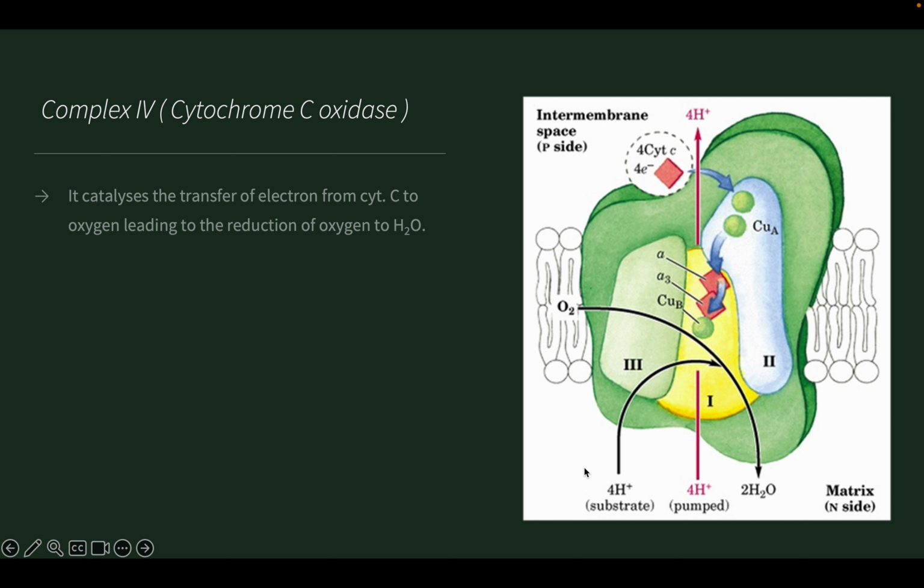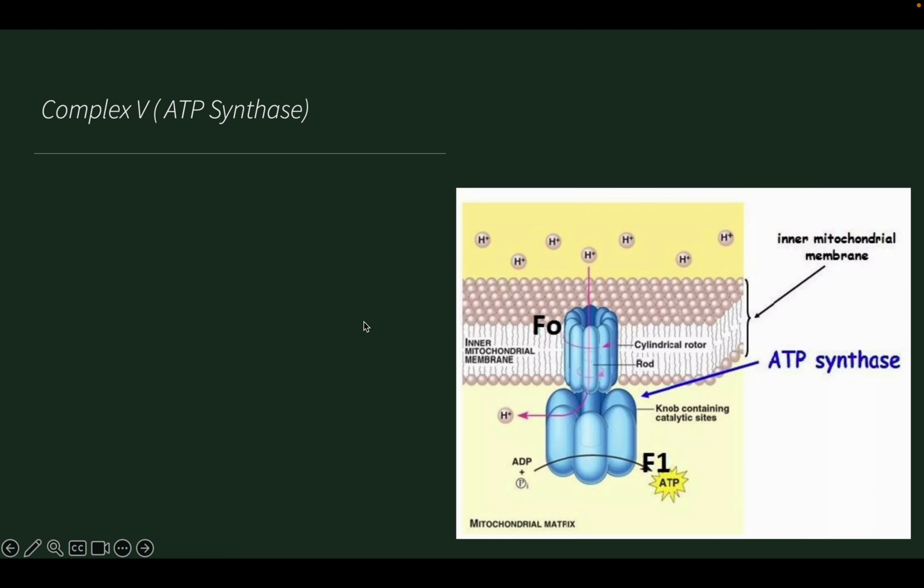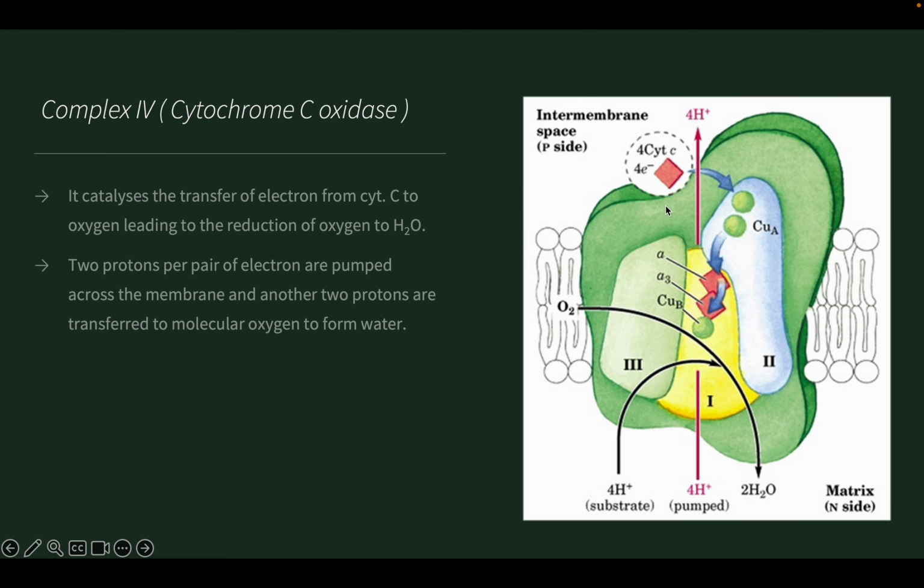So 4H+ produces 2 H2O. So per formation of a water molecule, 2 hydrogen ions are pumped, and then the protons are formed in the inner mitochondrial space.